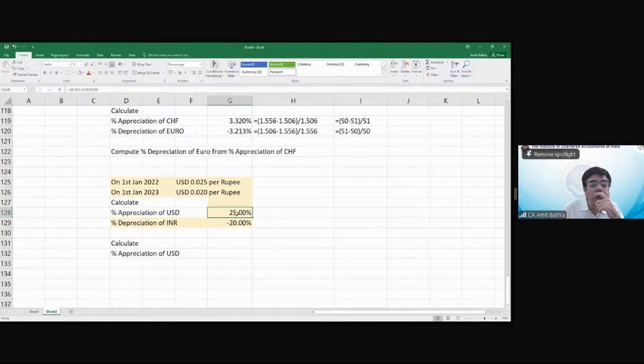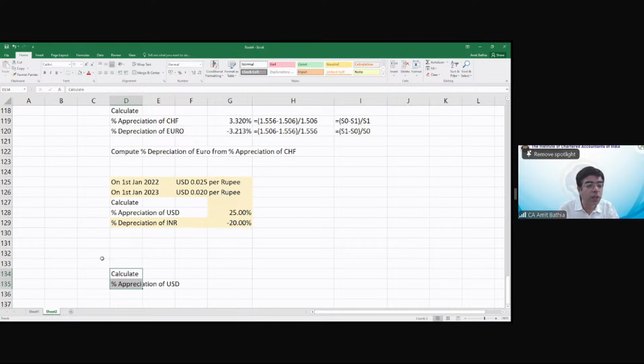Then you are only given information about this. Say for example, you are told percentage depreciation of INR is 20%. Now from this you have to calculate percentage appreciation of USD.